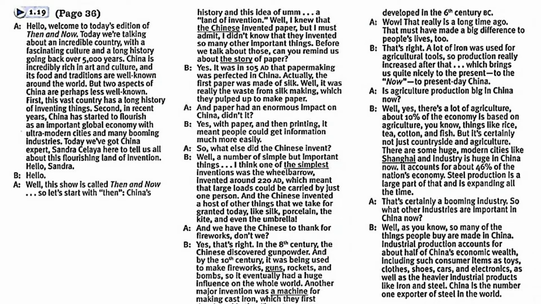Steel production is a large part of that and is expanding all the time. That's certainly a booming industry. So what other industries are important in China now? Well, as you know, so many of the things people buy are made in China. Industrial production accounts for about half of China's economic wealth, including such consumer items as toys, clothes, shoes, cars, and electronics, as well as the heavier industrial products like iron and steel. China is the number one exporter of steel in the world.